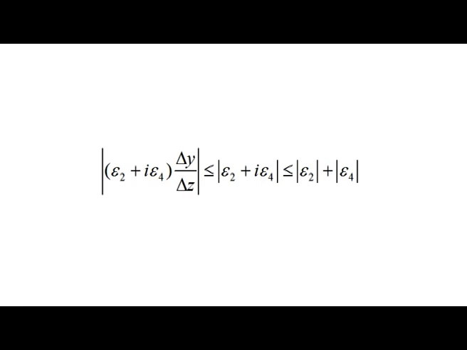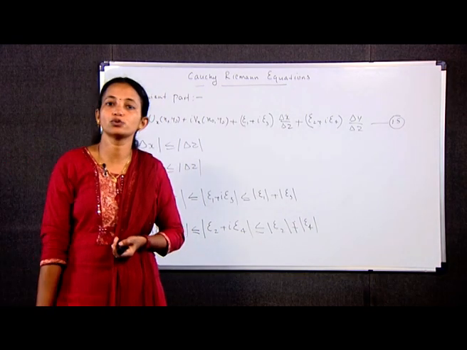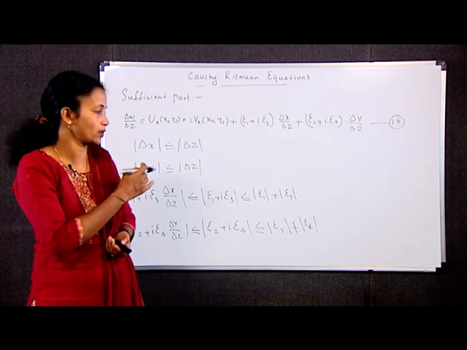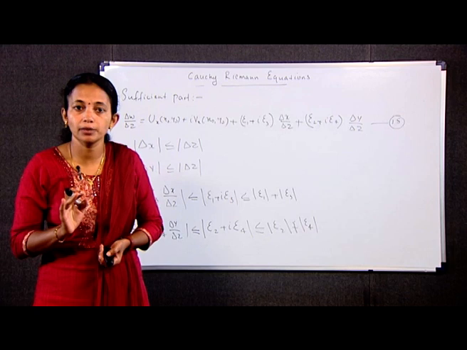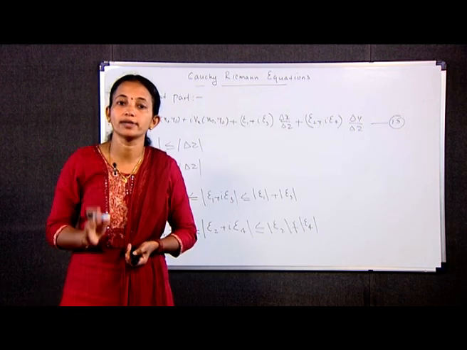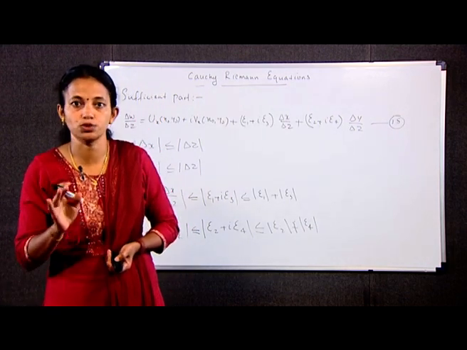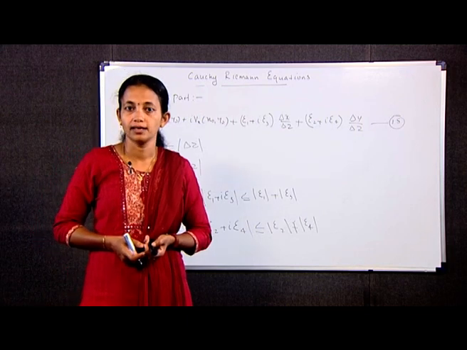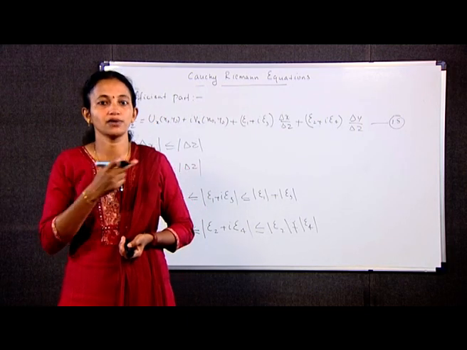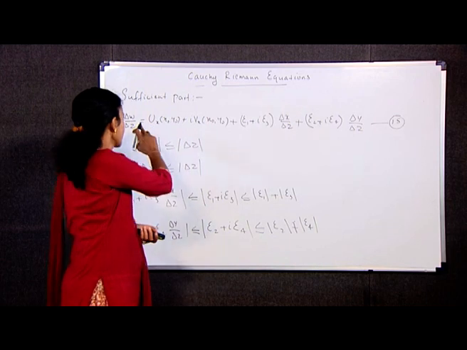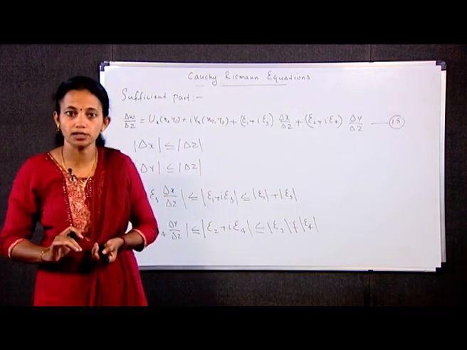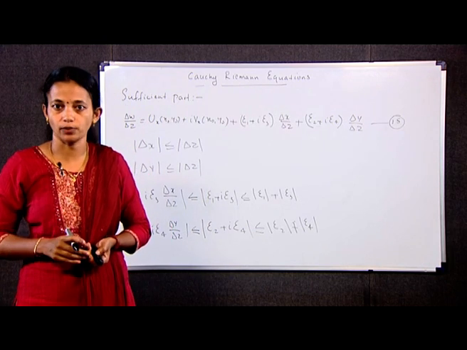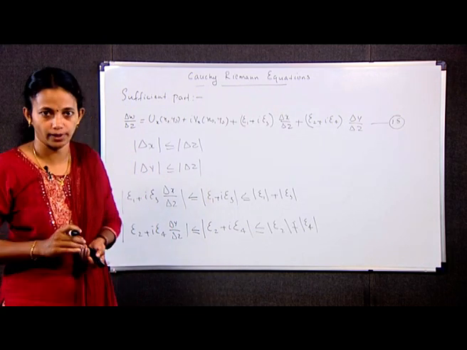plus mod epsilon 4. So, the last two terms of the right in equation number 15 tend to 0 as the variable delta z is equal to delta x plus i delta y tends to 0. This means that the limit of the left hand side of equation number 15 exists, and that f dash z naught is equal to ux at x naught, y naught plus i vx at x naught, y naught.